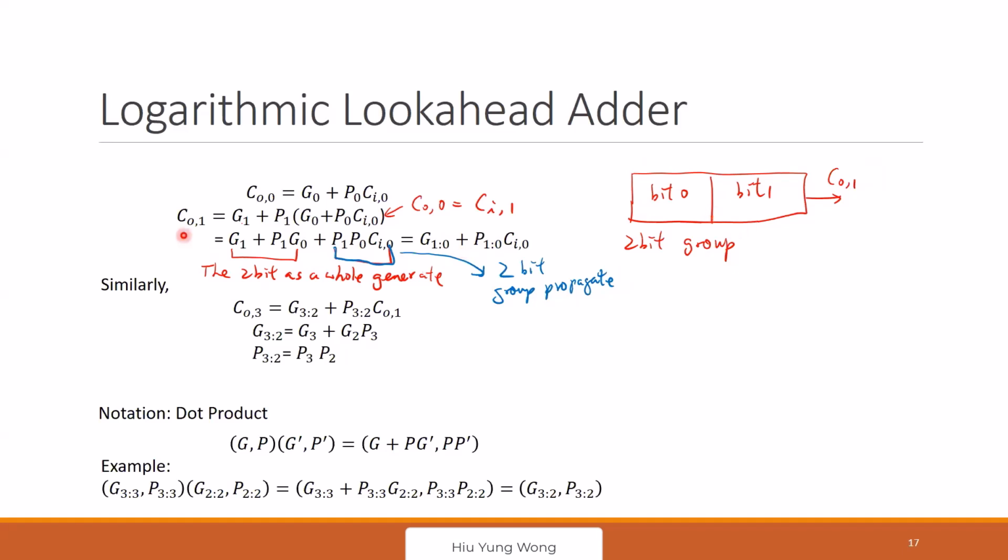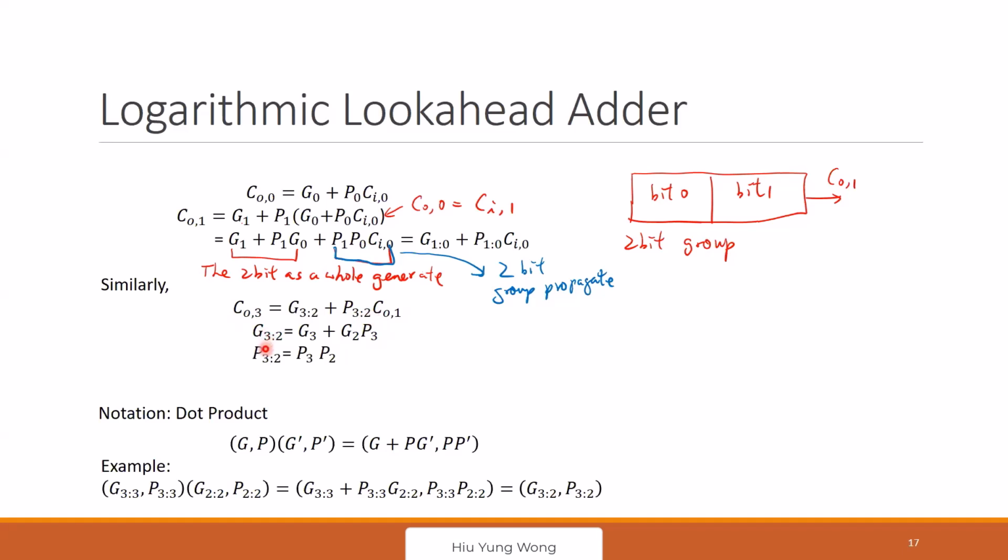The 2-bit group has a carry out if this group generates, or this group propagates and we do have a carry in, okay? And similarly, if I say the third bit, this is the 4th bit, but bit 3, it has a carry out if bit 3 and bit 2 generates, or bit 3 and bit 2 propagates and the input to the second bit is 1.